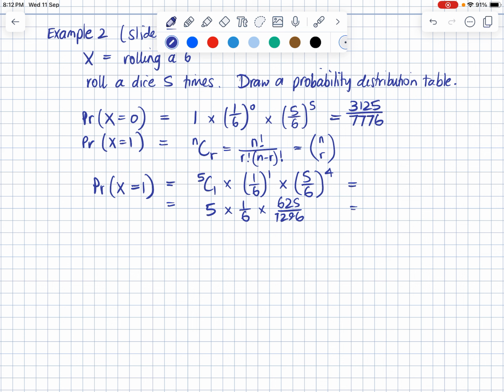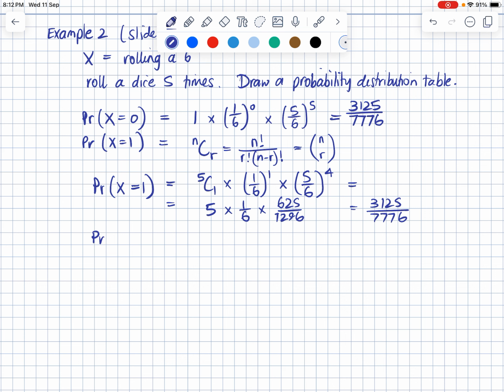So it then equals 3,125 over 7,776. Or does it? Yes, I think it does. That looks all right. If I've got the numbers slightly wrong, we'll get over it.